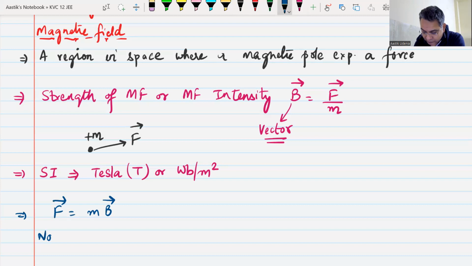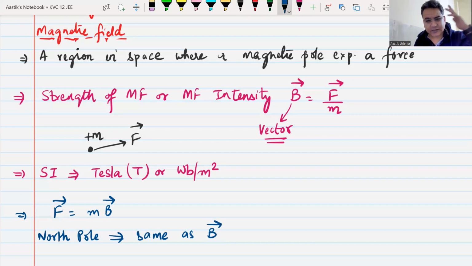North pole will experience force in the same direction as the direction of magnetic field. North pole is just like a positive charge. You can take it as a positive charge. So it will experience force in the same direction as the field.